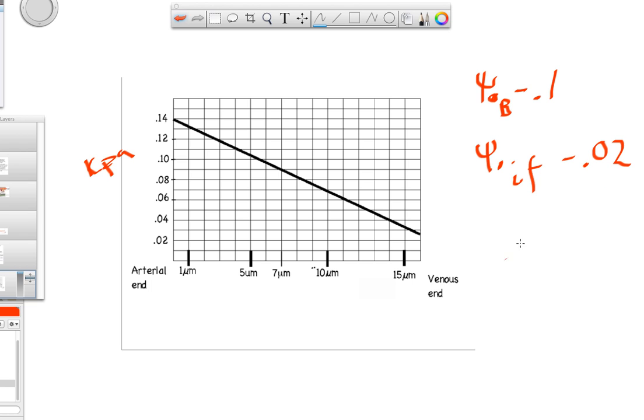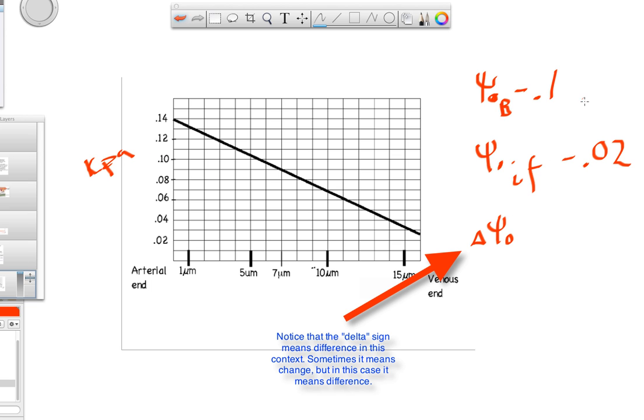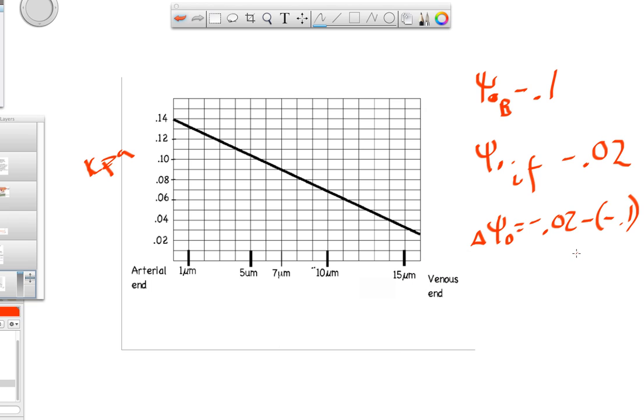What does that tell me? Well, it's your job to remember that the difference in osmotic potential that we graph to get a positive number here so that we can compare it to the pressure potential, that difference is going to be minus 0.02, the osmotic potential of the interstitial fluid, minus minus 0.1. So what is that?